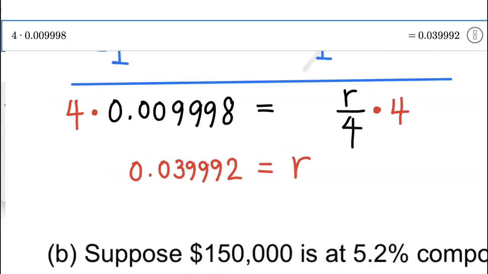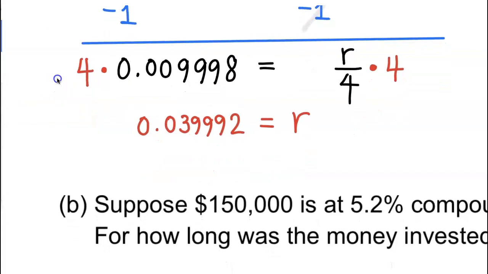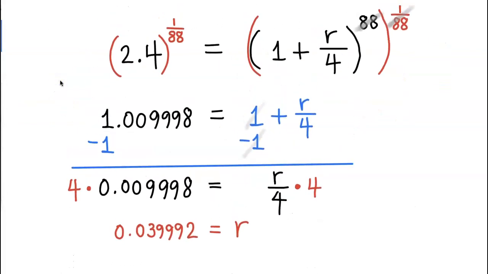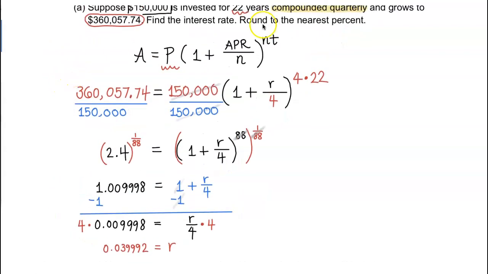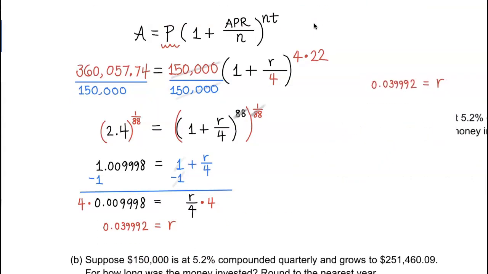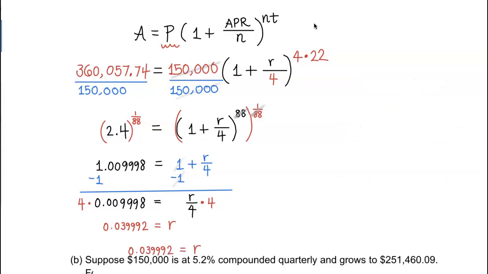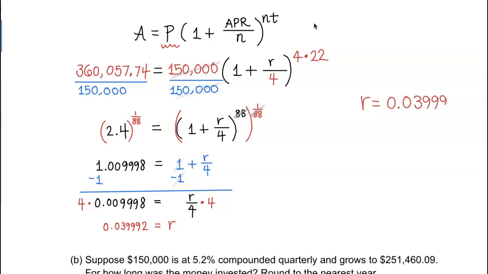But remember, they wanted a percent, right? Let me zoom back out and go back to the directions. We found r, the rate, but they wanted us to round to the nearest percent. So r is 0.039992.